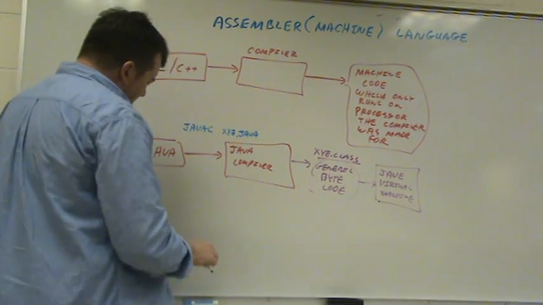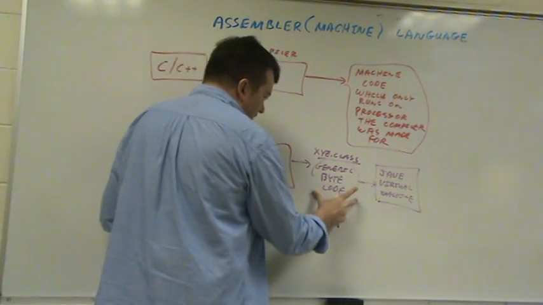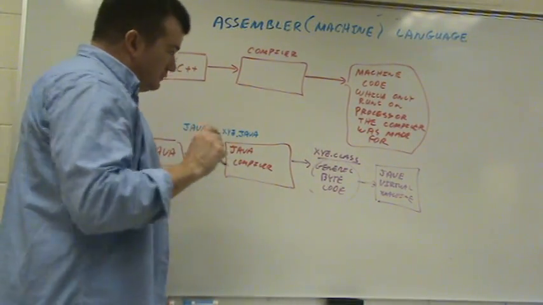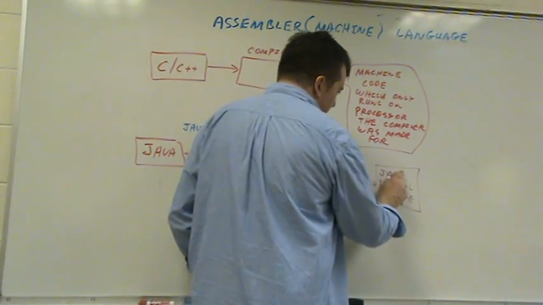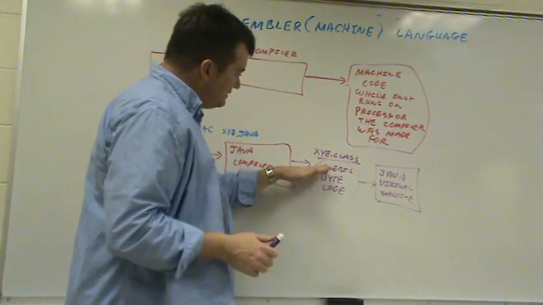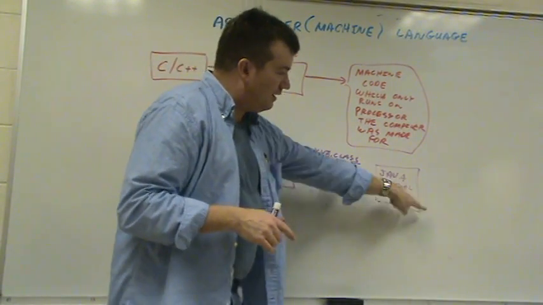So you could write Java code, run it through a Java compiler, and save this file. This file you can now mail out to any machine, as long as the machine receiving it has a Java virtual machine. And the Java virtual machine will take this quasi-compiled code and make it run on the particular machine you're on.